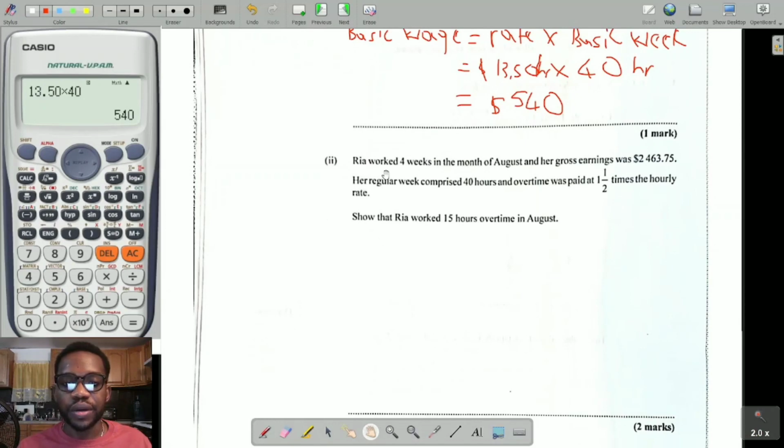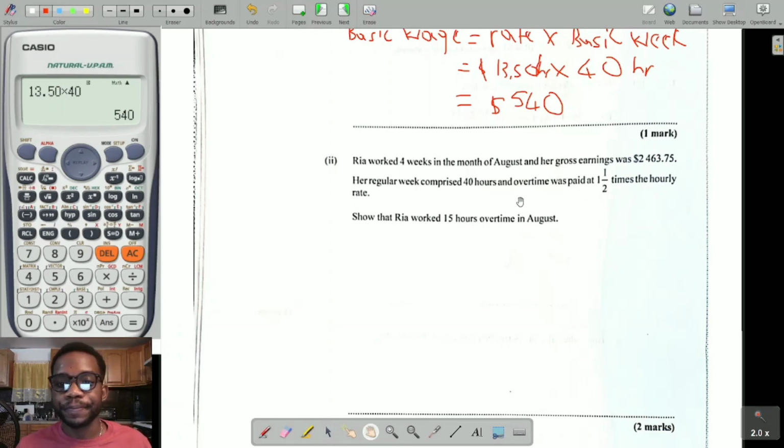Alright, it says Ria worked 4 weeks in the month of August, and her gross earning was $2,463.75. Her regular week comprises 40 hours, and overtime was paid at time and a half the hourly rate. Show that Ria worked 15 hours overtime in August.